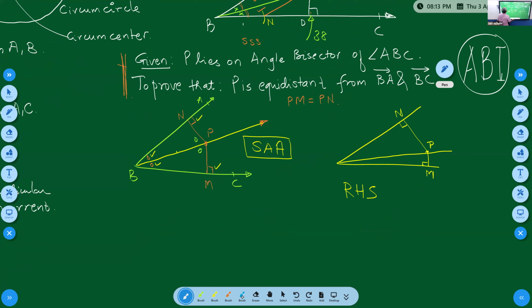The converse is going to be: given P is equidistant from ray BA and ray BC, to show that P lies on the angle bisector of angle ABC.